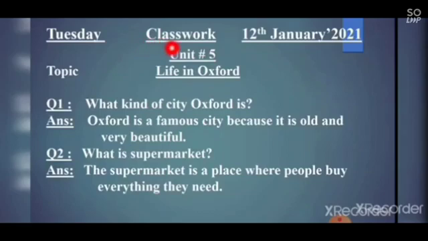C, L, A, double S, W, O, R, K. Then again give some space. Then write 12th January, and then write 2021. Then in the next line, in the center, write unit number 5, and underline it.